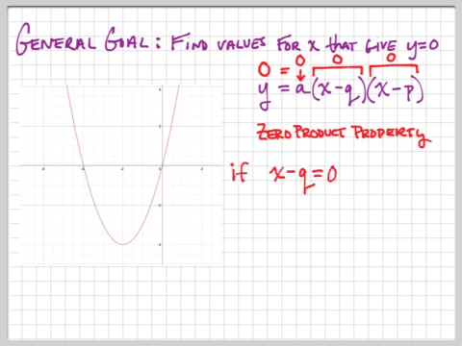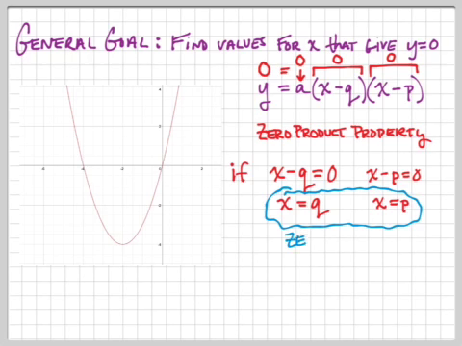So if x minus q is 0, what does x have to equal? q. And if x minus p is 0, x has to equal p. These are called either the zeros or the roots. So if I ask you to find the zeros of this equation or find the roots of this equation, I'm asking you to find the values that you plug in and you get out 0.